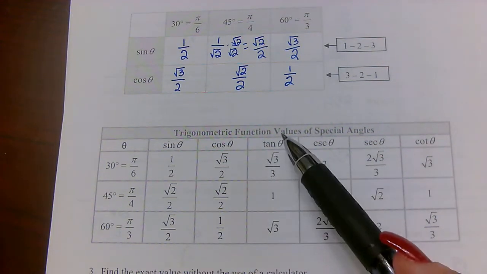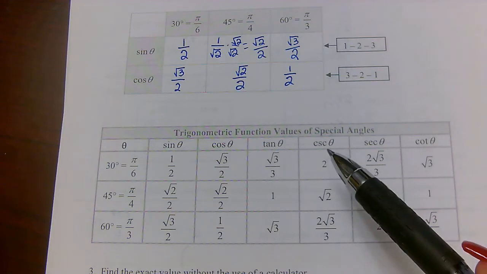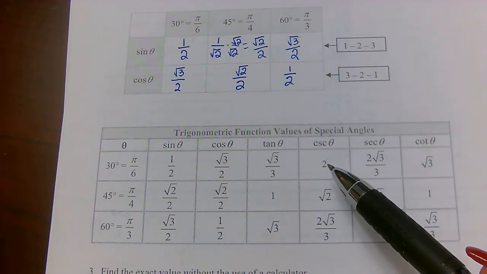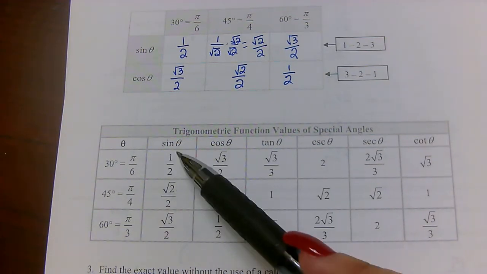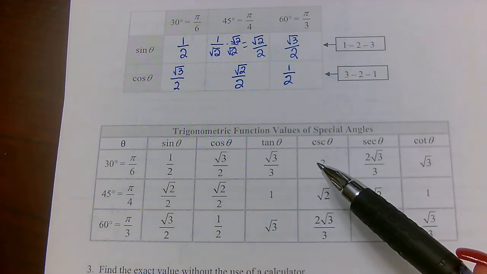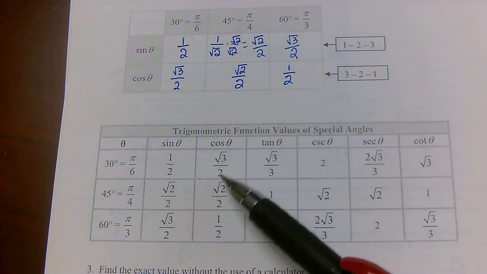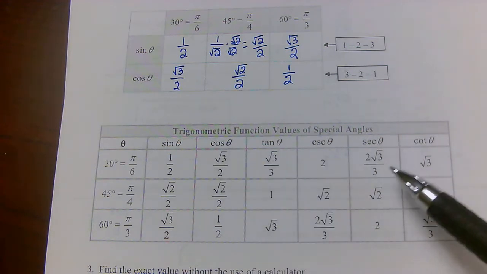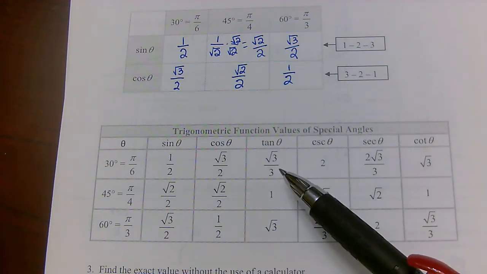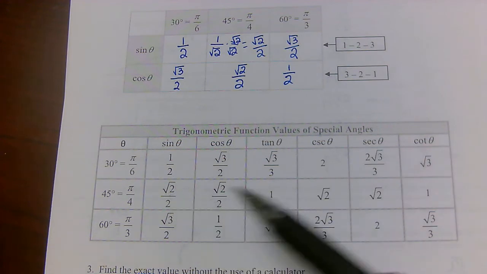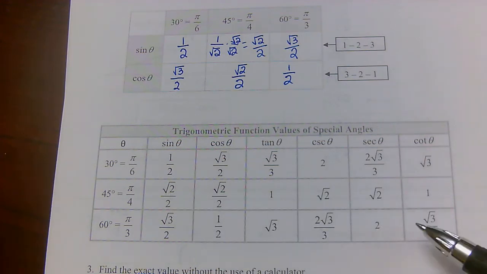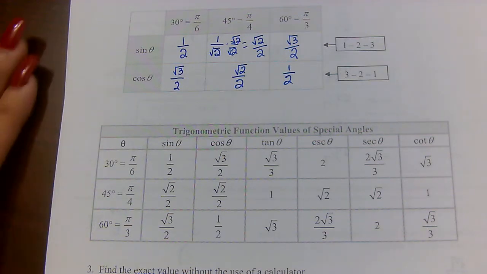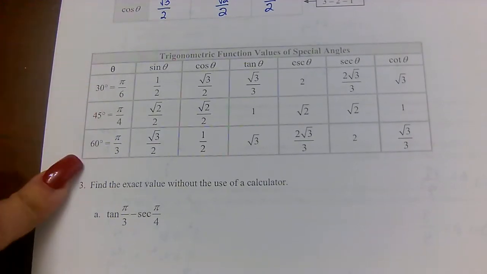Now remember, once you're done with these and you go over to these, all you're doing is taking the reciprocal. You're just flipping the 1/2. It now becomes 2. You're flipping this, so it's going to be 2 over the square root of 3, but then you have to rationalize that, and then you're flipping it. So that's all you're doing with these. You'll see those exact values on your unit circle. So those are the exact values.